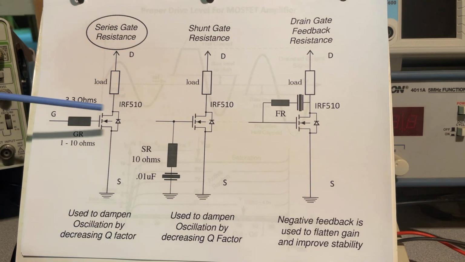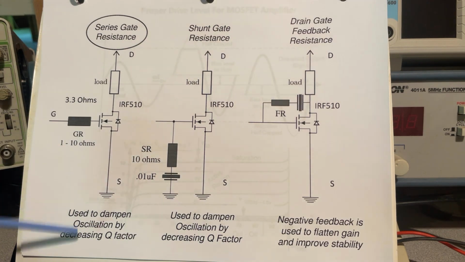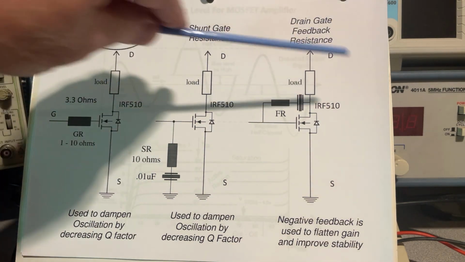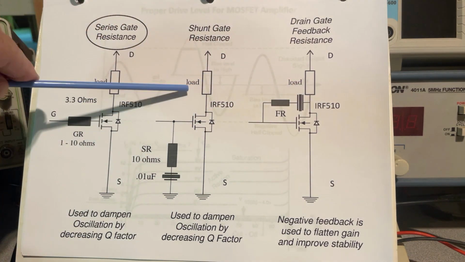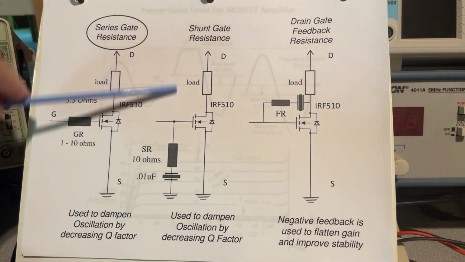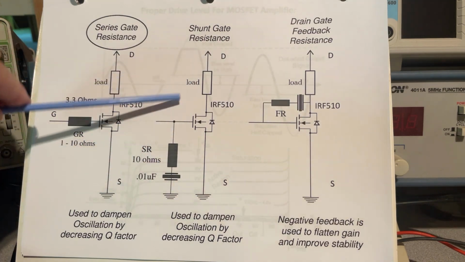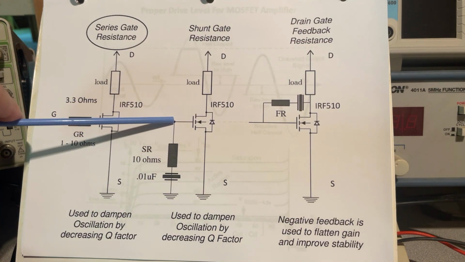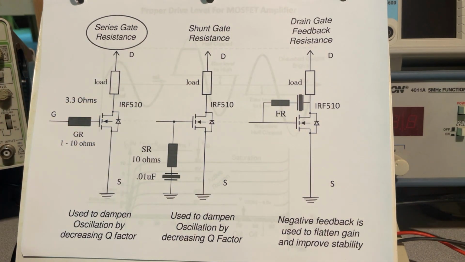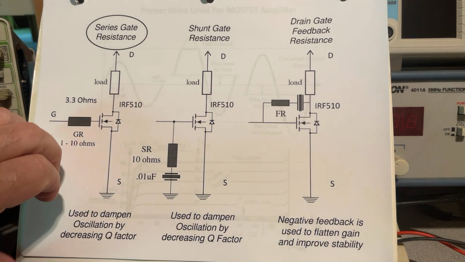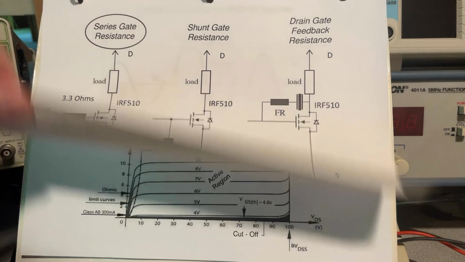Of course, this will affect your drive level as well, so you have to look at all your design requirements to determine what the appropriate resistance value should be used to stabilize the circuit and dampen oscillation. Of course, you can use feedback as well, and you can use what's called a shunt gate resistor from the gate down to ground. So that's our stabilization in the circuit.